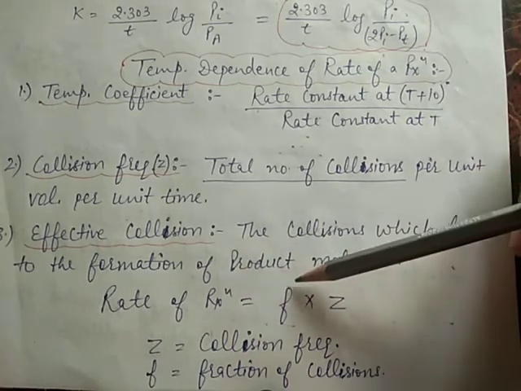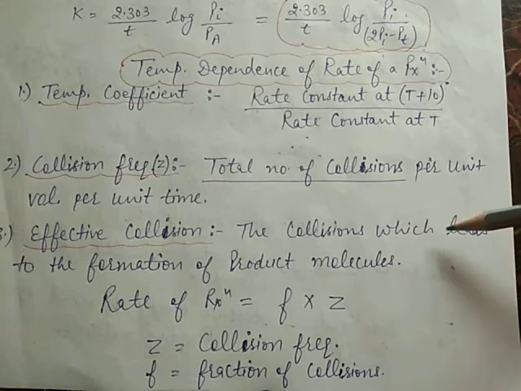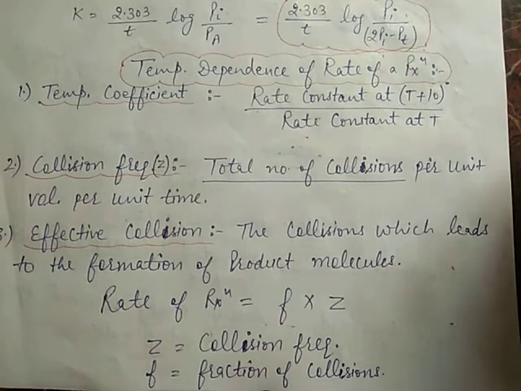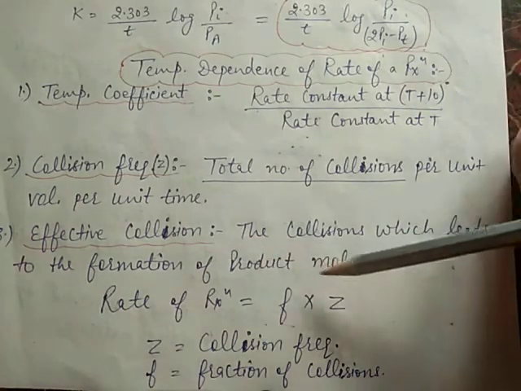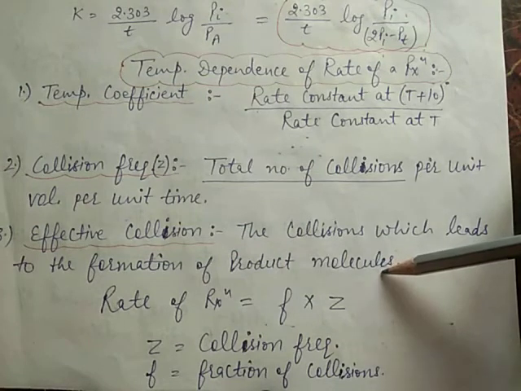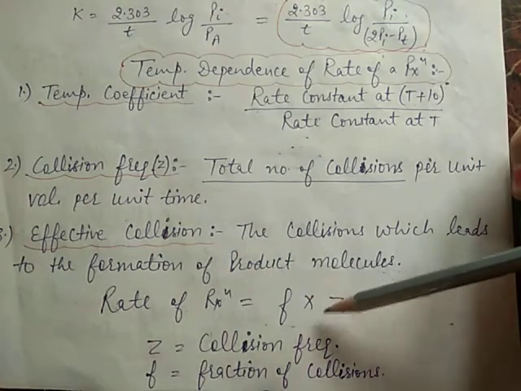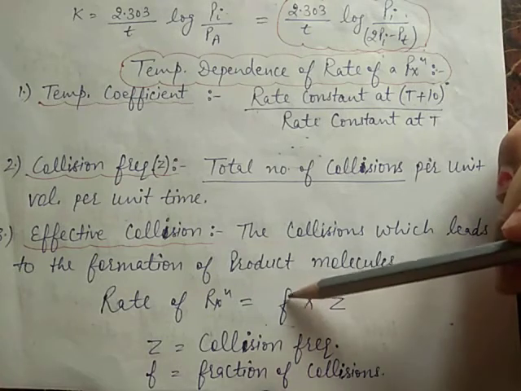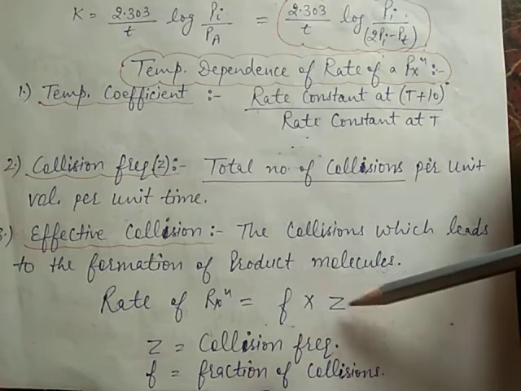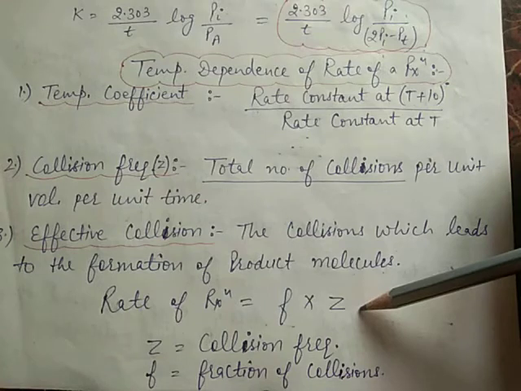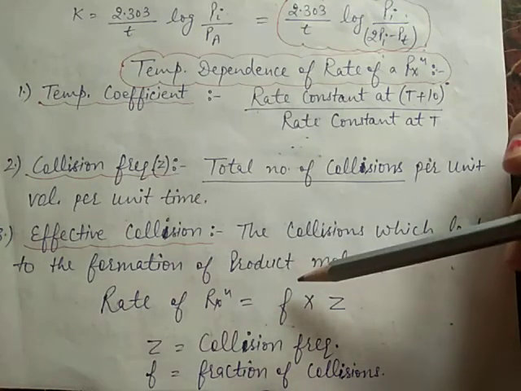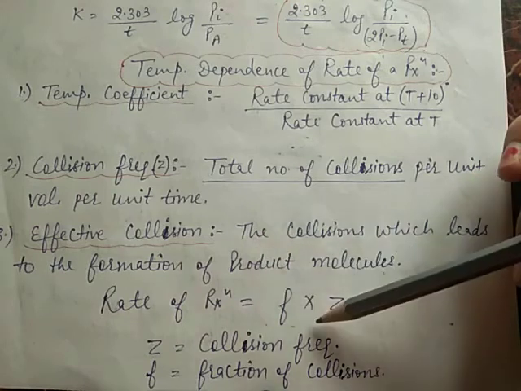Now what do you mean by effective collisions? The collisions which, after reacting, lead to the formation of product molecules. Now the rate of reaction is equal to F into Z. F is the fraction of effective collisions and Z is the collision frequency. So these are the effective collisions.